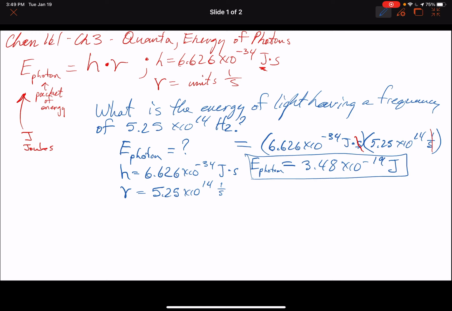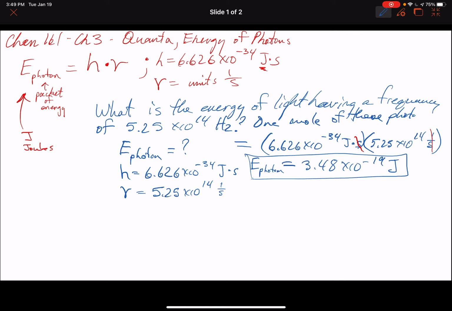If we were interested in the energy of a dozen photons, we would multiply by 12. If we were interested in the energy of 1 mole of these photons, we could report that as well. So as a follow-up, we'll say 1 mole of these photons.